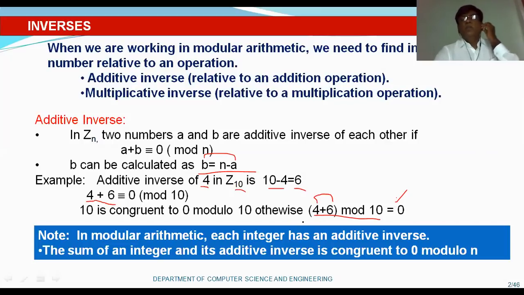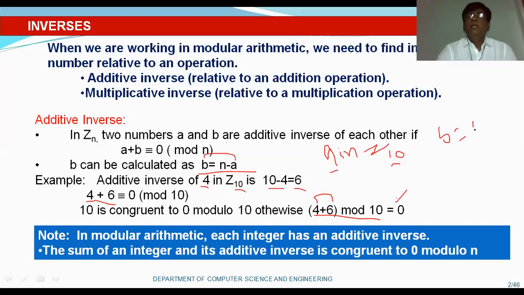Similarly, what is the additive inverse of 9 in Z10? Very simple. Here a is 9, n is 10, and b is equal to n minus a.